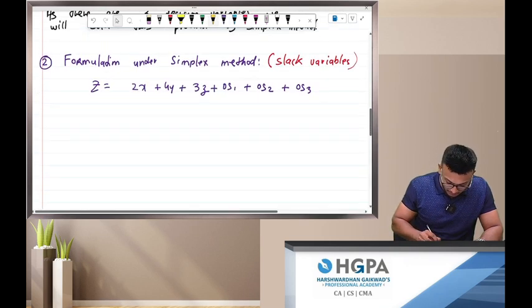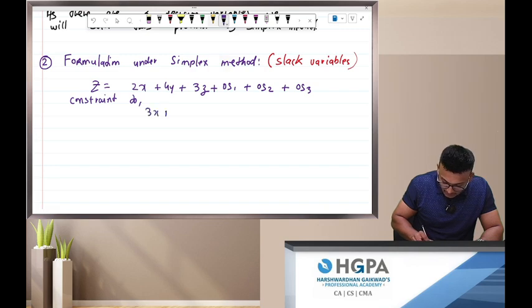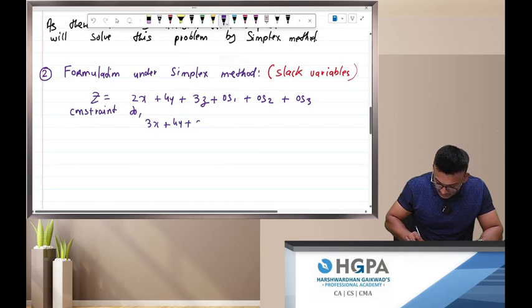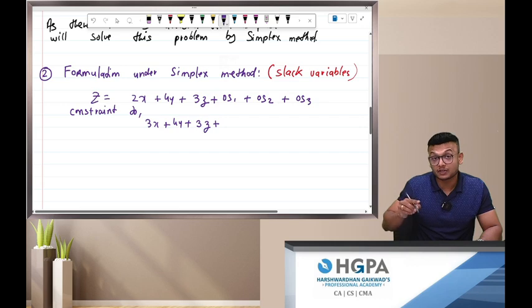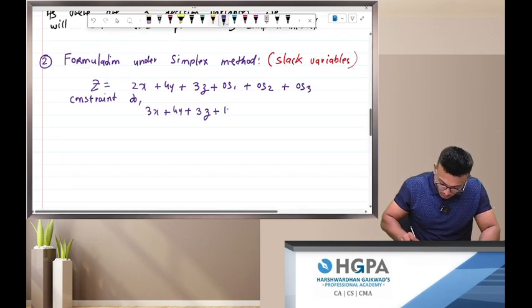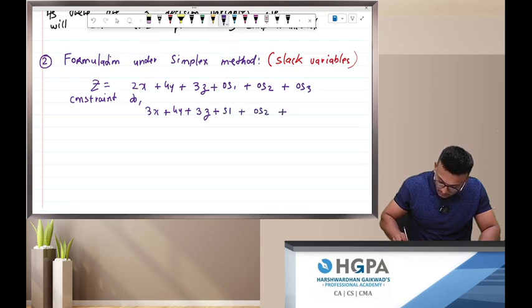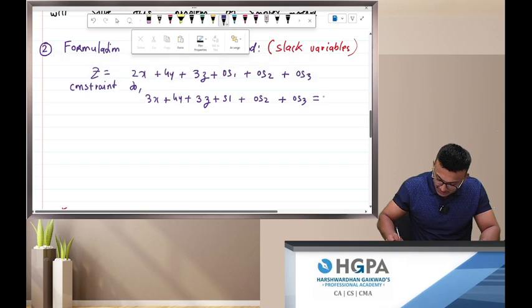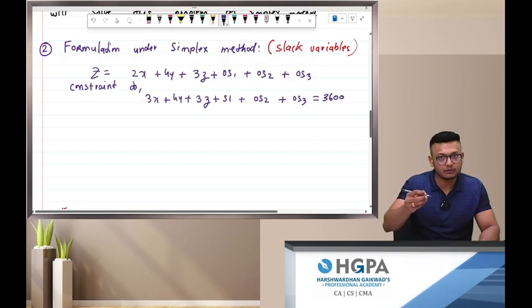Constraint one: 3x plus 4y plus 3z plus, now we need to start adding the variables in such a manner that in one equation, at least one variable has coefficient one. So s1 plus 0s2 plus 0s3 is equal to the right hand side number, 3600.